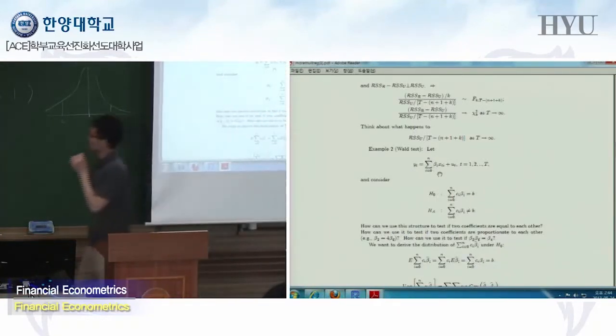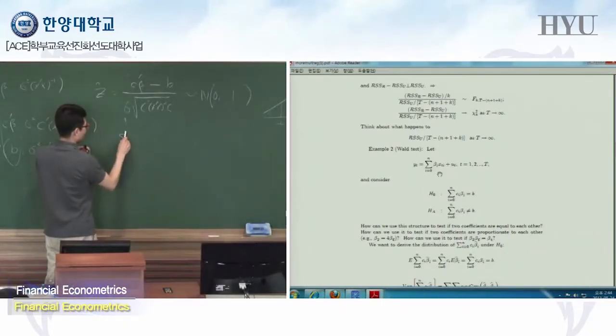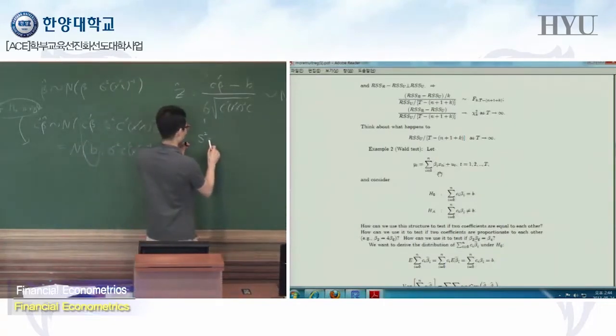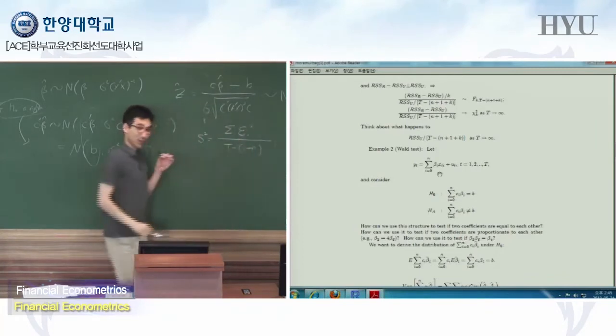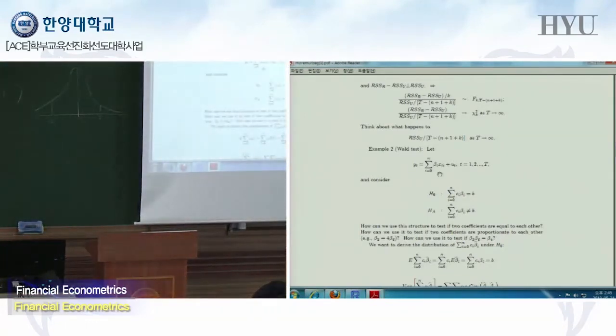So what we instead do is calculate s square, sigma square hat, which is the sum of squared residuals divided by T minus 1 minus n. Okay, we have something like this one.